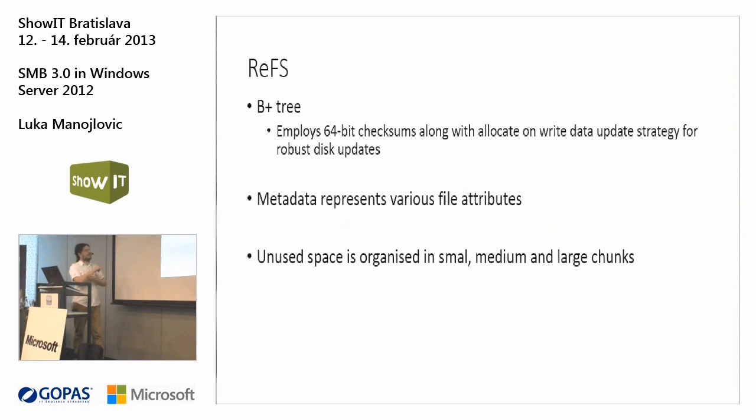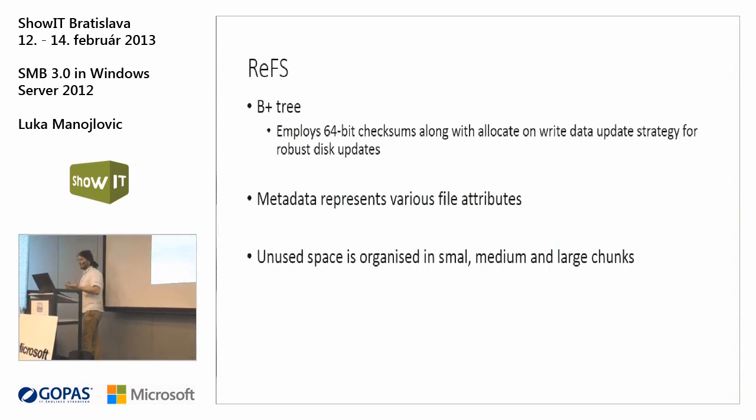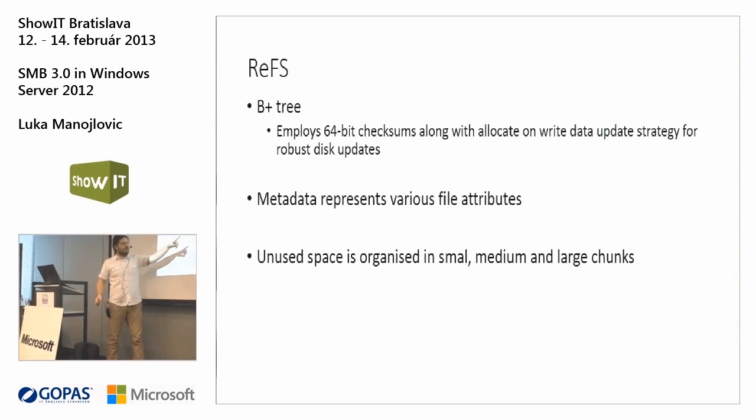Okay, you have B+ tree structure of data, 64-bit checksums along with a write-to-new-location data update strategy for robust disk updates. Metadata represents various file attributes, so it's quite different from NTFS. Used space is organized in small, medium, and large chunks.